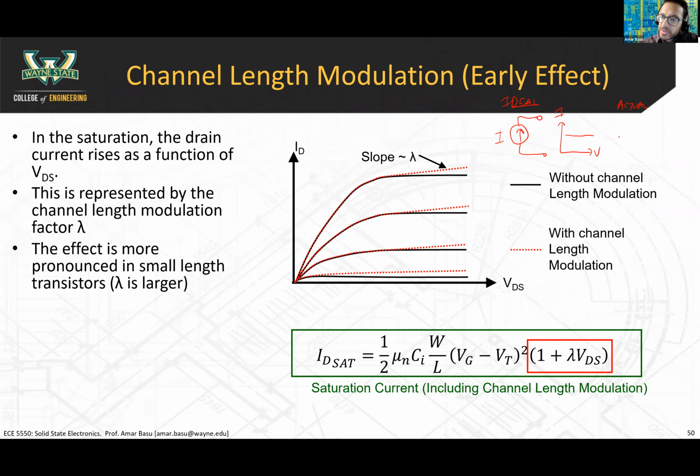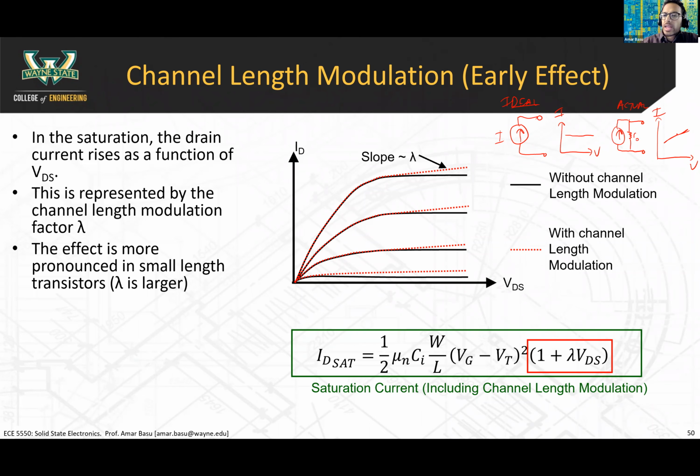An actual current source has a current like this, and then a parallel resistance. This is not going to be on your exam, by the way. You have a parallel resistance, and then the IV characteristic looks something like this. There's some slope to it, and the slope of that line is 1 over R0.